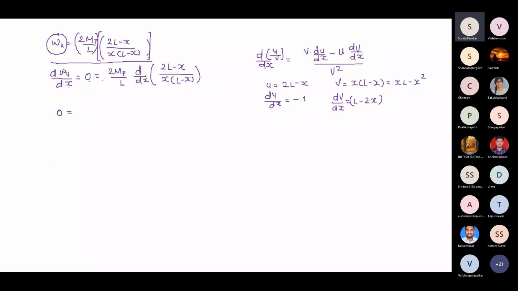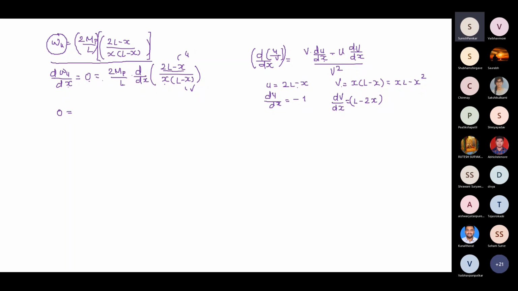So we have d/dx of 2L minus x upon x into L minus x. Now this is U, this is V. So now we have d/dx of U by V, V into du by dx minus U into dv by dx upon V square. आता U ची व्हॅल्यू आहे 2L minus x.